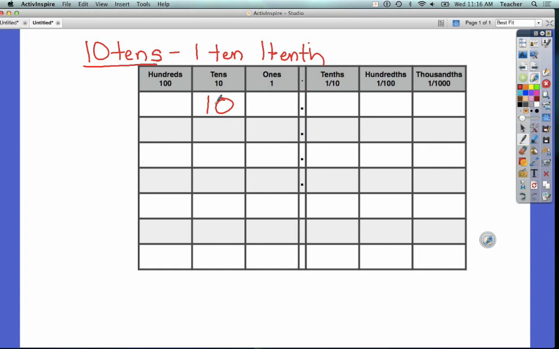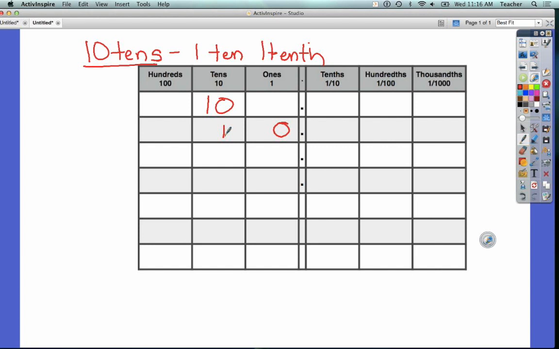How come everybody's hands up? Ten's magic number. So what do I do with that 10? So if I put the 0 in the ones, or I put the 1 here, how many total ones do I have?